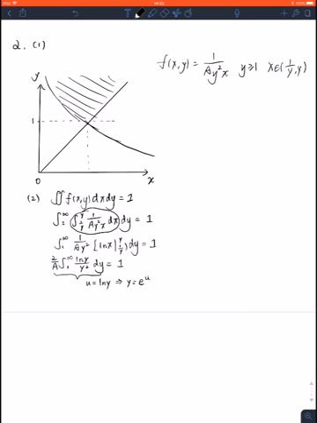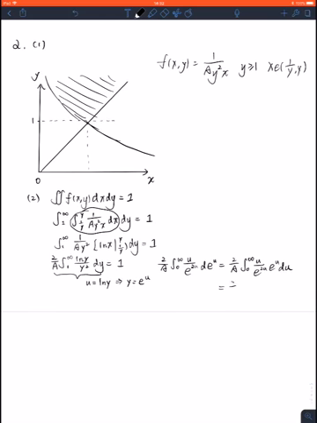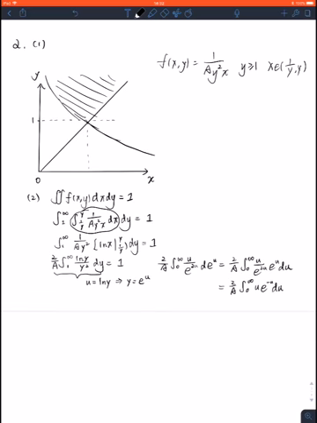Then the left part just becomes 2 divided by a, the integral from 0 to infinity, u divided by e to the power of 2u, e to the power of u du, and that should be 2 divided by a, the integral from 0 to infinity, u times e to the power of minus u du.